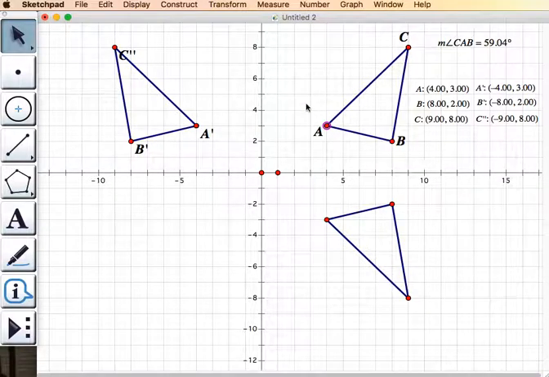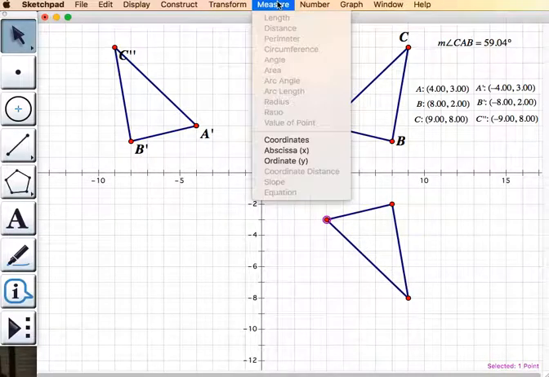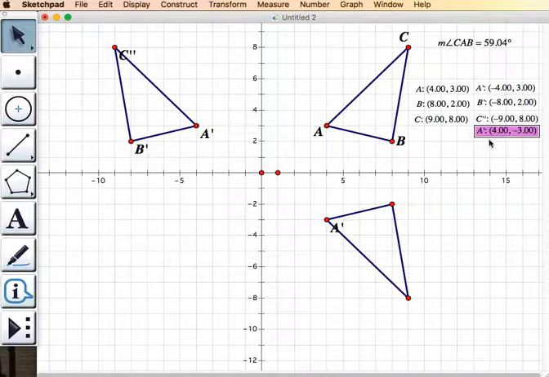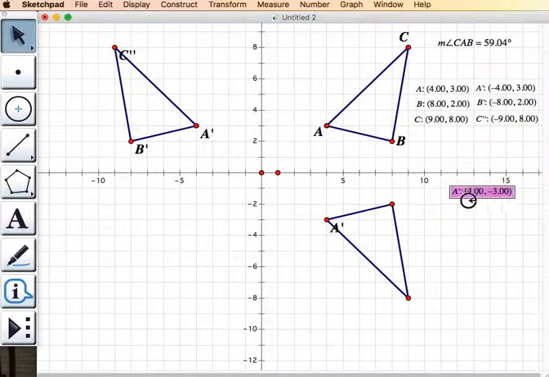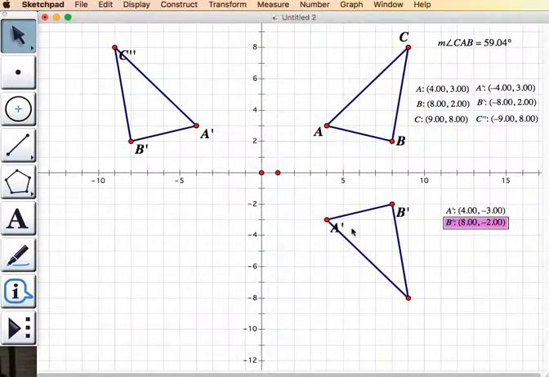And again, if we do the same thing, I'm going to pick these points and find out coordinates for them. I'll put these down here. And a coordinate here. And also a coordinate here.